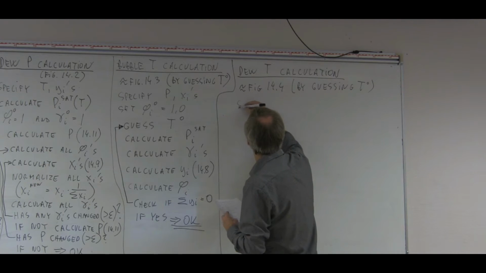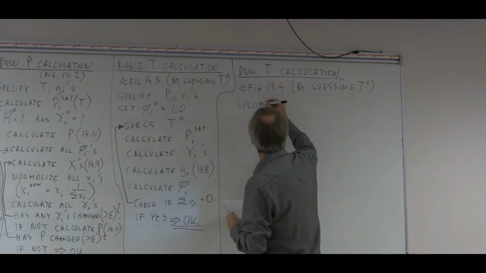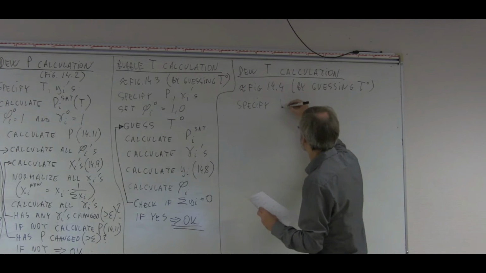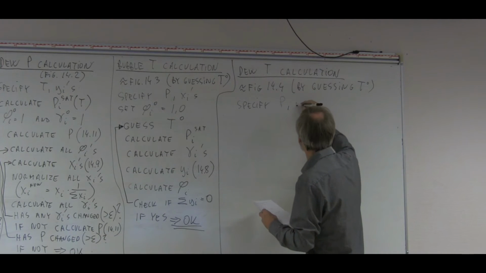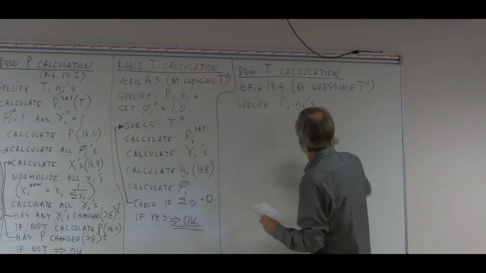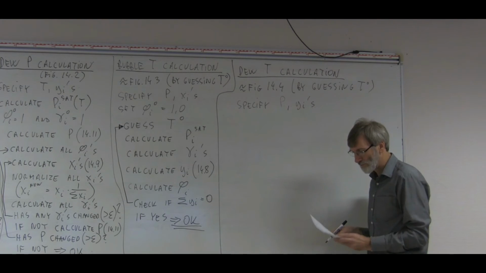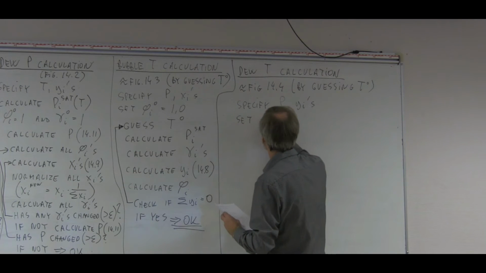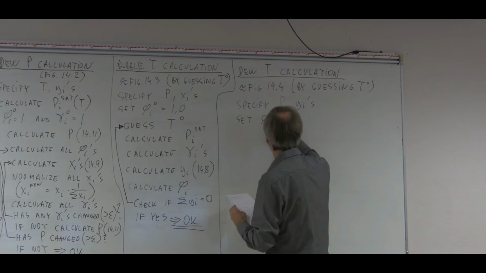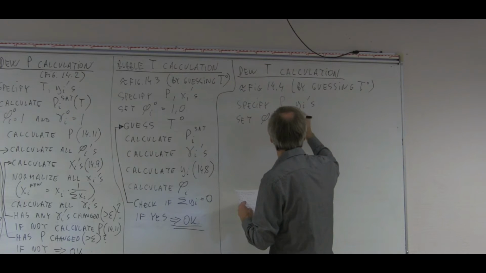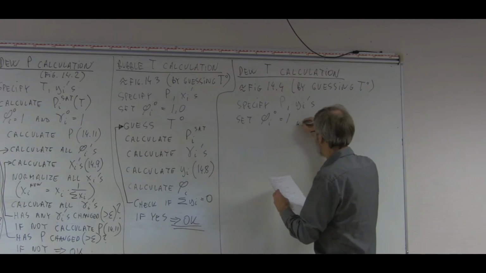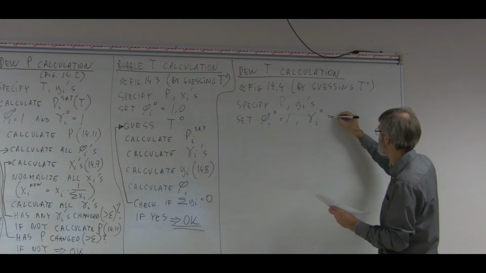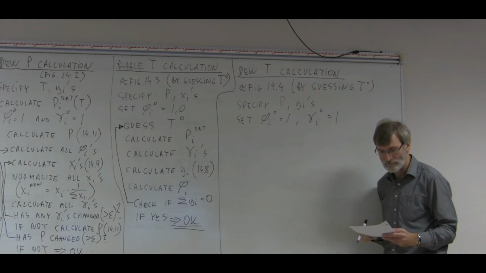The procedure starts with specifying the pressure and the mole fractions in the vapor, set the fugacity coefficients initially to 1 and the activity coefficients initially to 1.